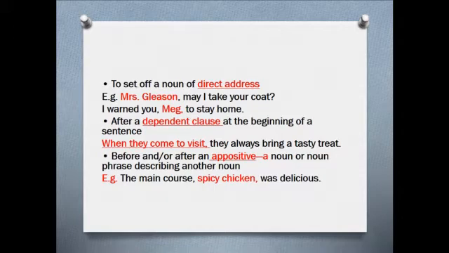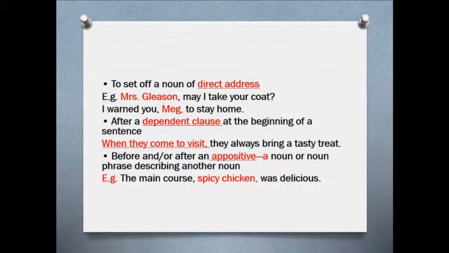To set off the noun of direct address. For example, when you say Mr. or Mrs. Gleason, comma, may I take your coat? So you put the comma immediately after the direct address. When you say Mr. Abdullah, then you add the comma and you say, may I take my book?